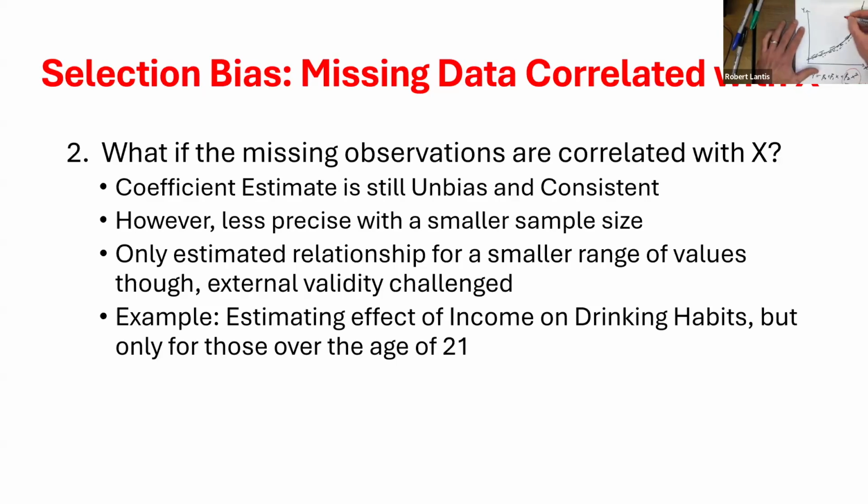Now, if I'm missing values that are correlated with x, the thought experiment is that I don't see anything here in my data set. Before, when it was linear, it didn't matter. But now if I estimate this relationship, it actually looks like it's linear.